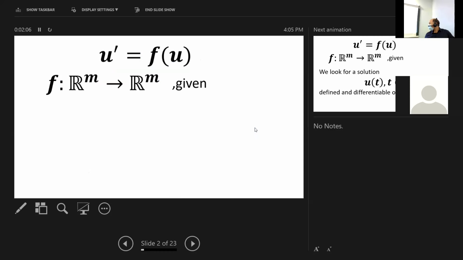All right, this is the most important slide of the course. All the lectures will deal with this equation right here. You have the derivative of u. u is the unknown and it satisfies an equation.